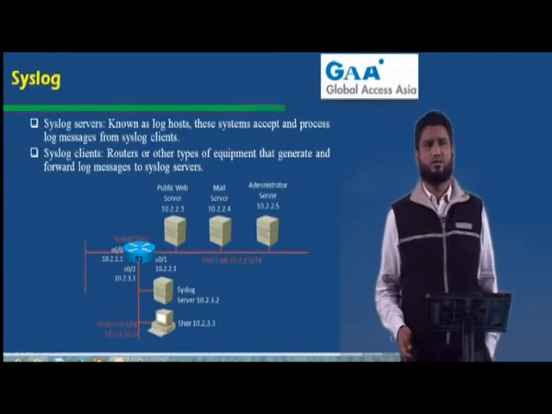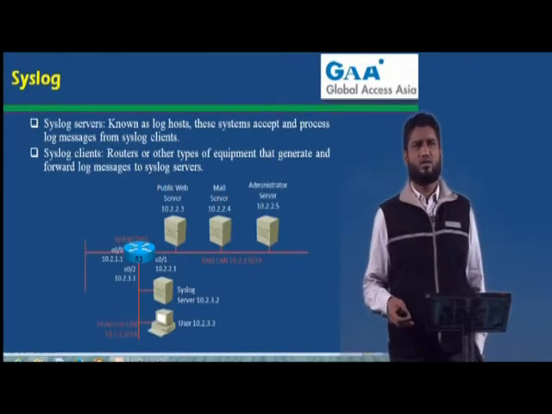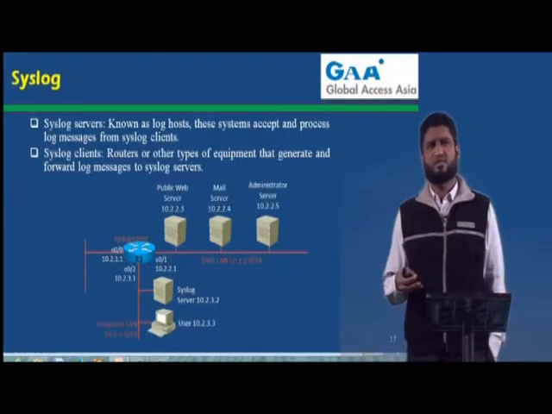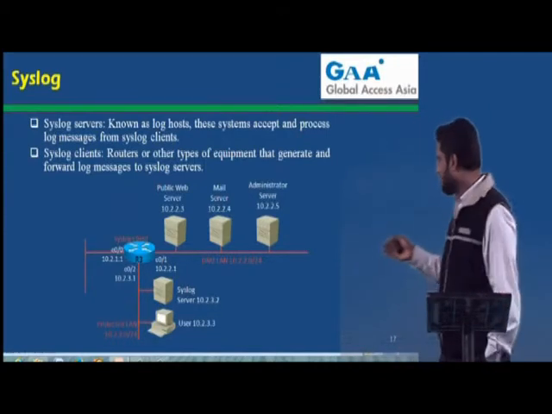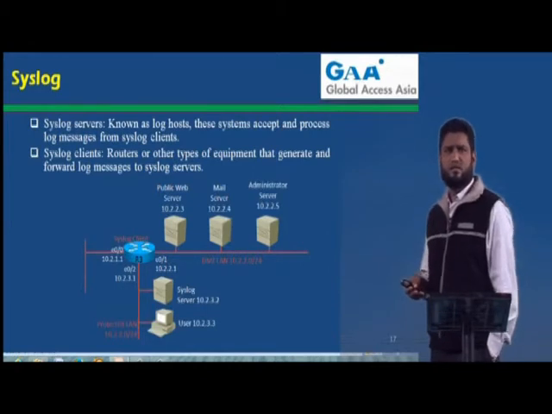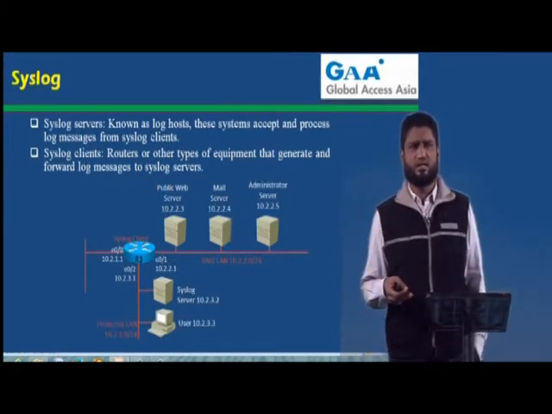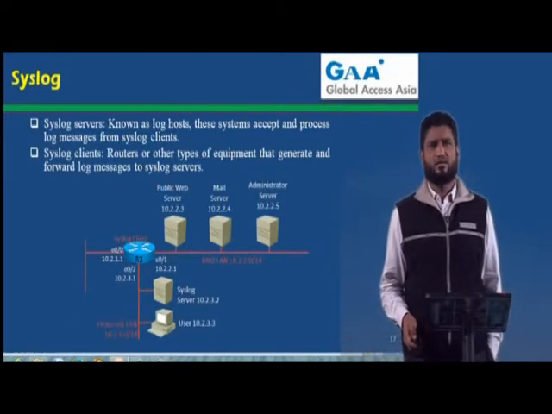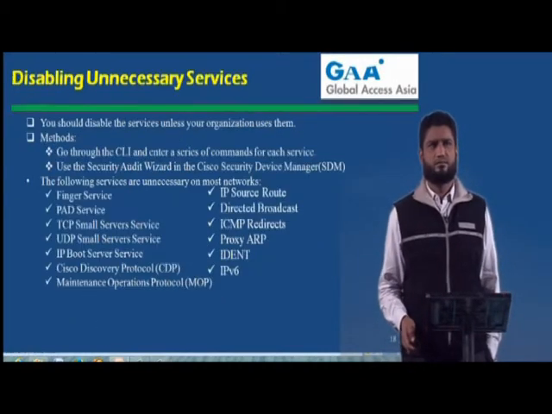And syslog servers, known as the log host, accept and process log messages from clients. You can see from this figure that administrative servers as well as public web servers can be accommodated in this system.